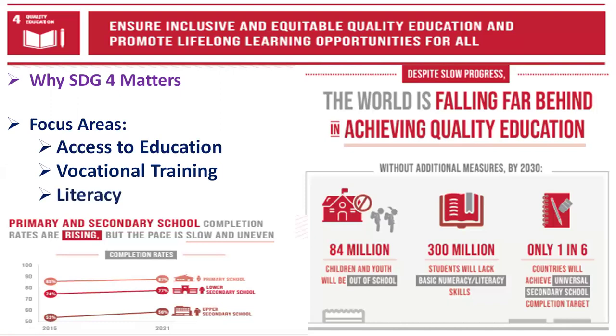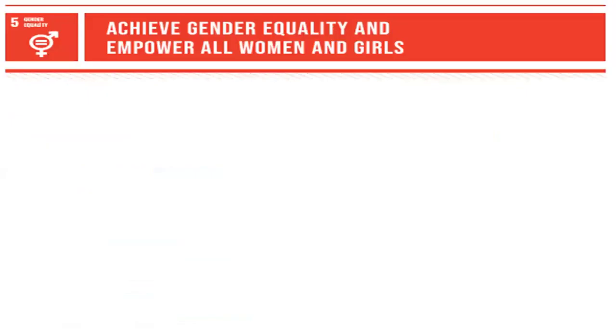Ensure all youth and a substantial proportion of adults achieve literacy and numeracy, and provide targeted programs for adults and vulnerable groups to bridge gaps in basic education.